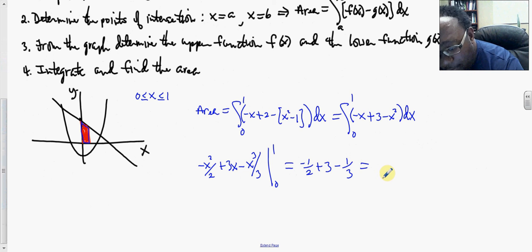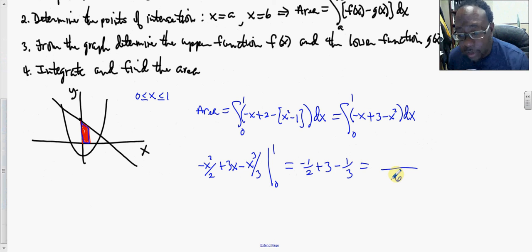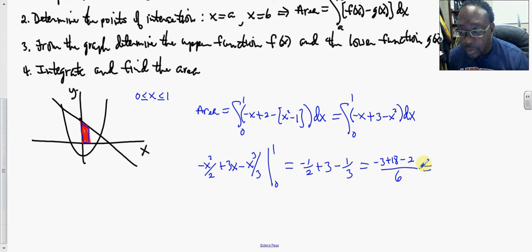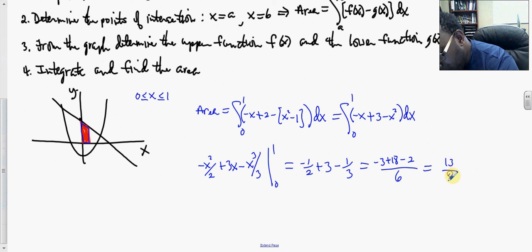So we have 6 as our least common denominator. So we have negative 3 plus 18 minus 2. And so this gives us 13 over 6.